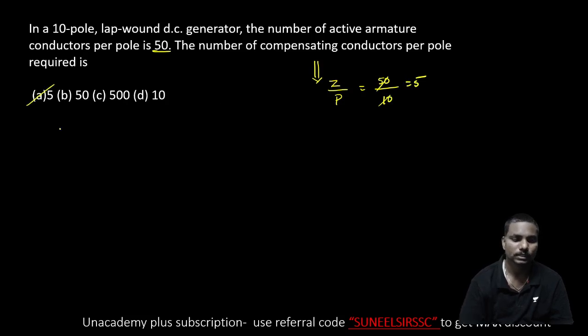So the answer is option E. Active number of armature conductors per pole, Z by P, that is 5. Okay students, we will discuss the remaining questions in the next session.